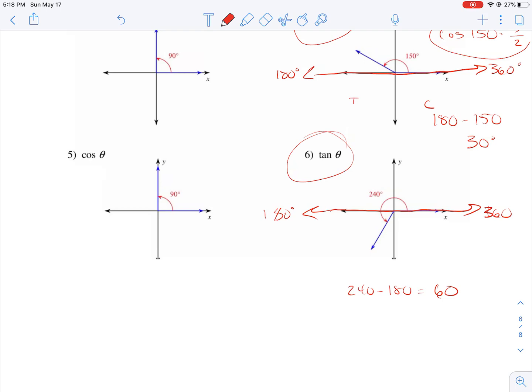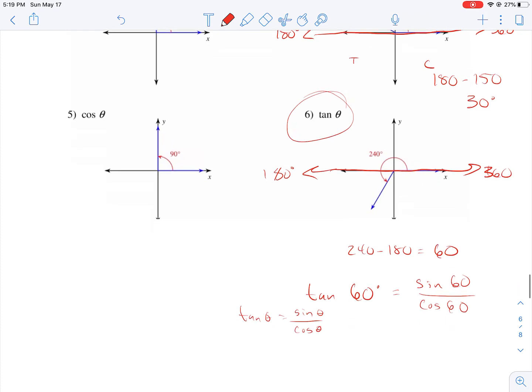Now, we're looking for the tangent of 60 degrees. We don't have that up on the chart, but we do know that tangent is equal to the sine of 60 degrees divided by the cosine of 60 degrees. Remember, tan of theta is equal to sine of theta over cosine of theta.